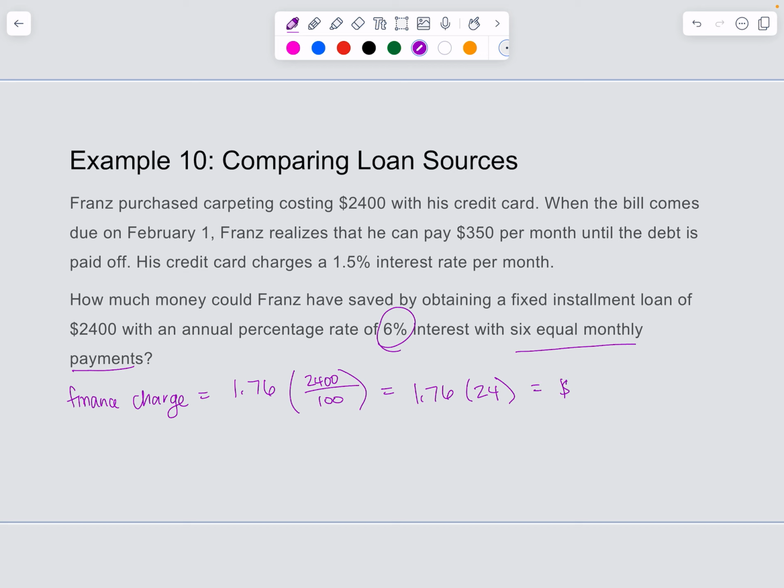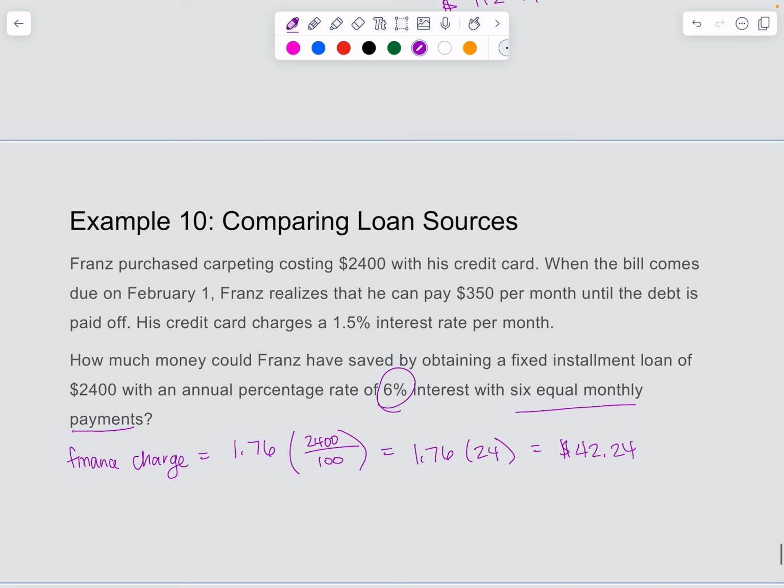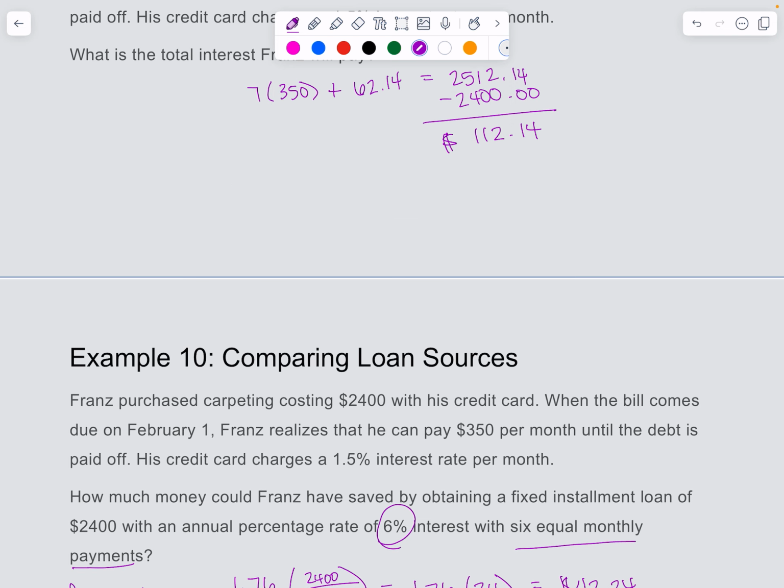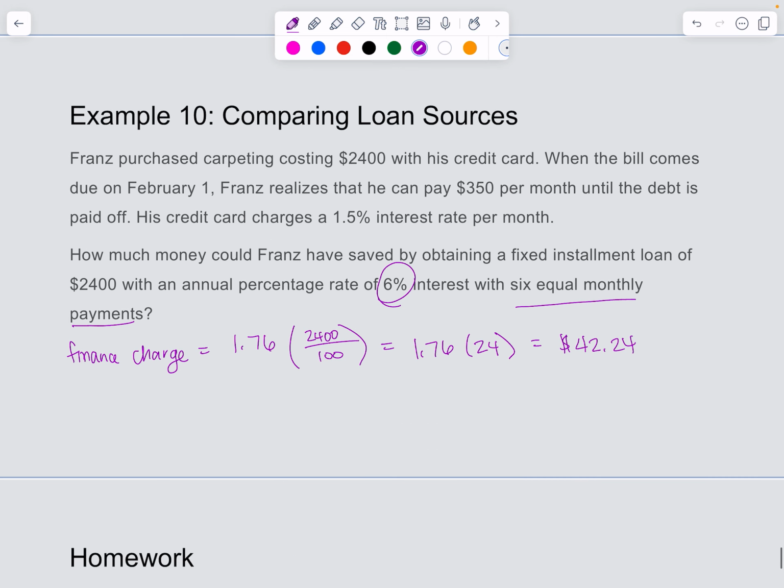That gives us a finance charge of $42.24. Okay, well, on the other option, his finance charge was going to be $112. So how much does he save? Well, $112.14, with the difference from the $42 is a savings of $69.90. So if he had used a fixed installment loan instead of that credit card, he would have saved almost $70.